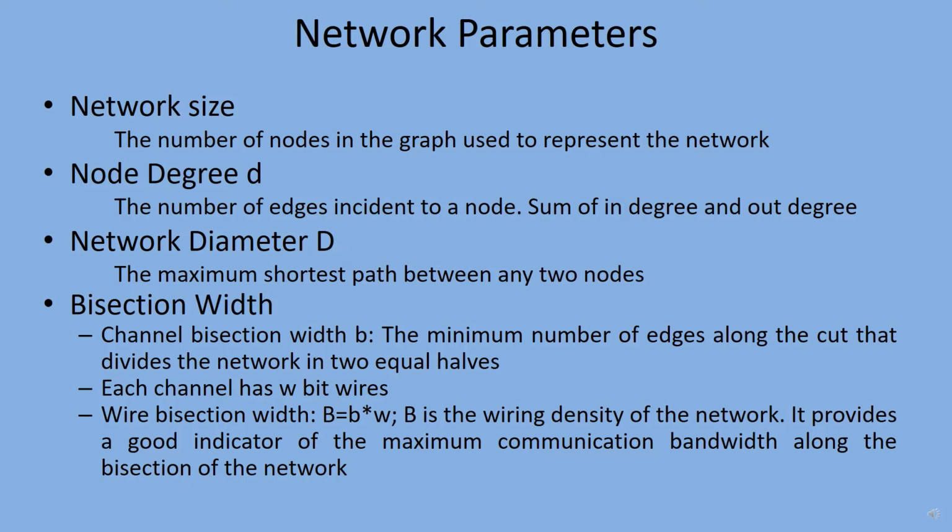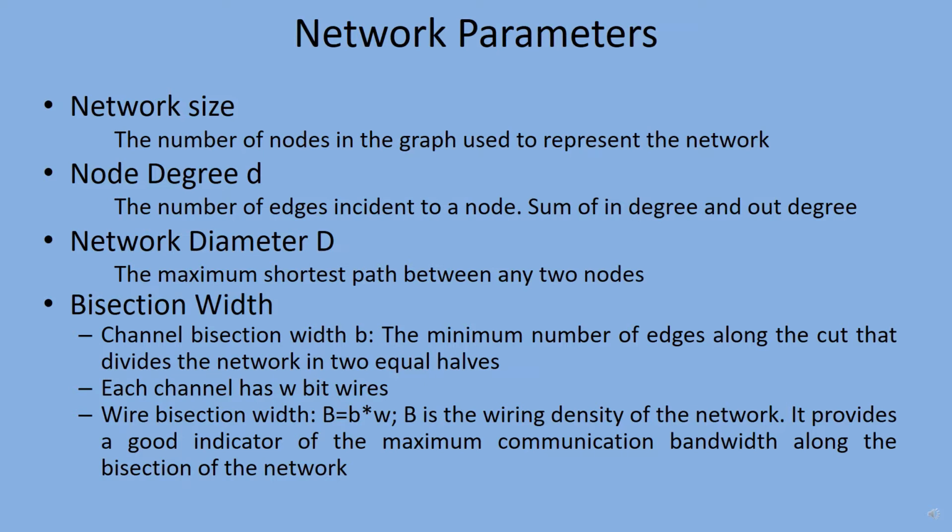The diameter D of a network is the maximum shortest path between any two nodes. The path length is measured by the number of links traversed. When a given network is cut into equal halves, the minimum number of edges along the cut is called the channel bisection width b. In a communication network, each edge may correspond to a channel with w bit wires.